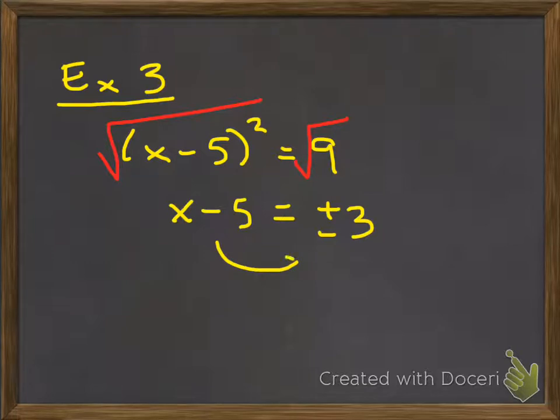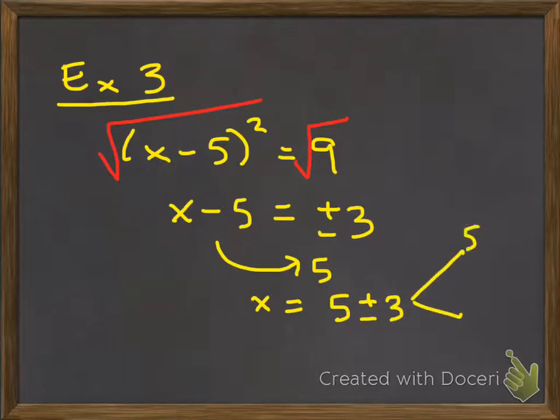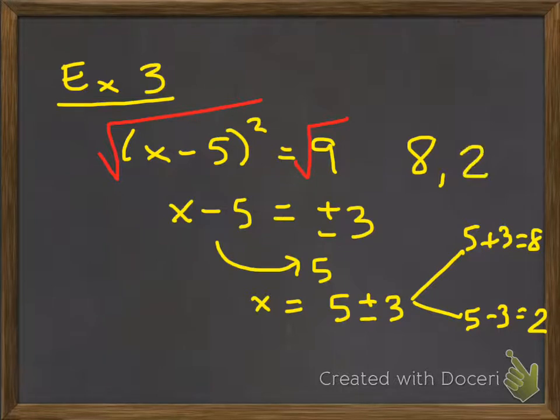So we're going to add 5 to the other side. x equals 5 plus or minus 3. And there are two answers, the 5 plus 3, which is 8, and then the 5 minus 3, which is 2. So the two answers are 8 and 2.